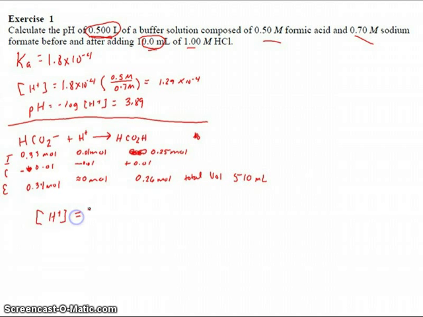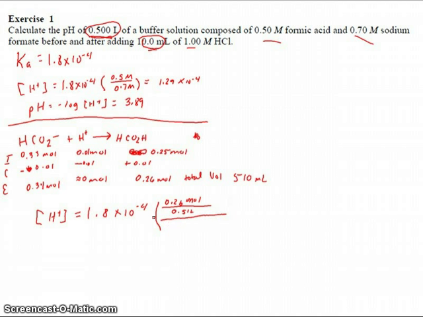So in this case, H plus is equal to Ka, which is still 1.8 times 10 to the minus 4. That's a property of the acid, does not change. Now my concentrations in this case are going to be slightly different. For the formic acid part, instead of 0.5 molar, I have 0.26 moles located in 0.51 liters.